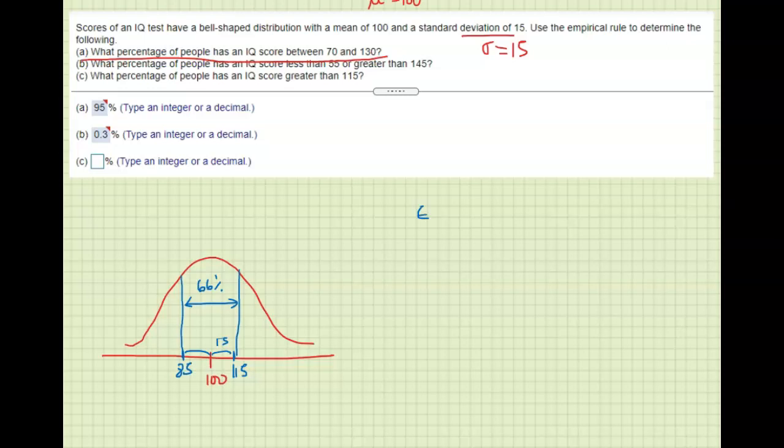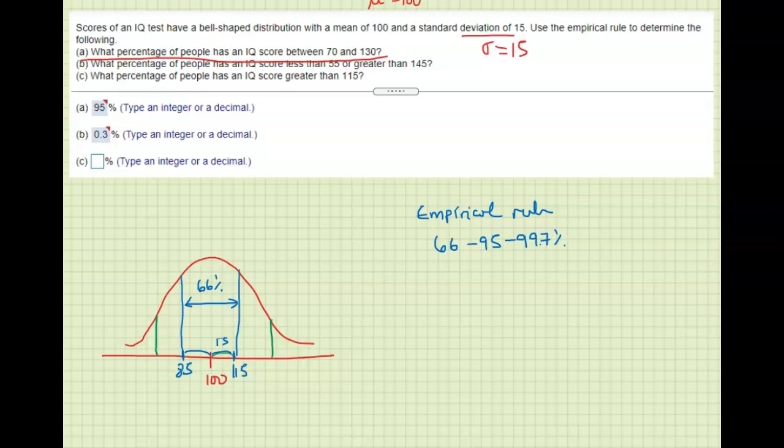The empirical rule is like 68, 95, 99.7%. Those are the relevant numbers. So 68 means 68% of your data is between one standard deviation below and one standard deviation above the mean.